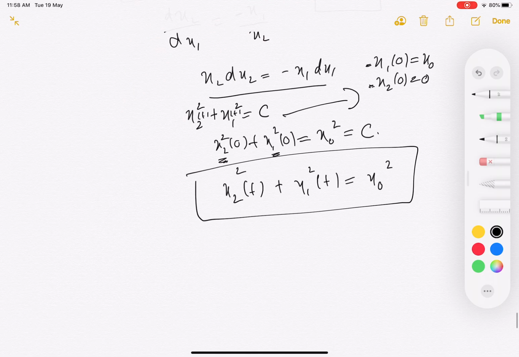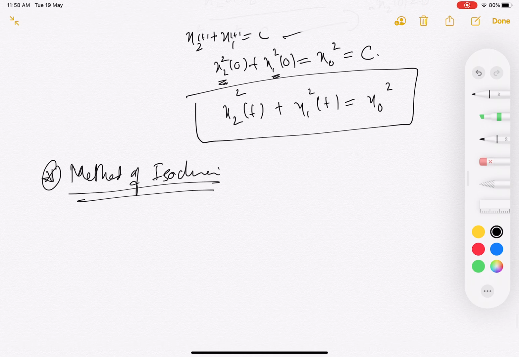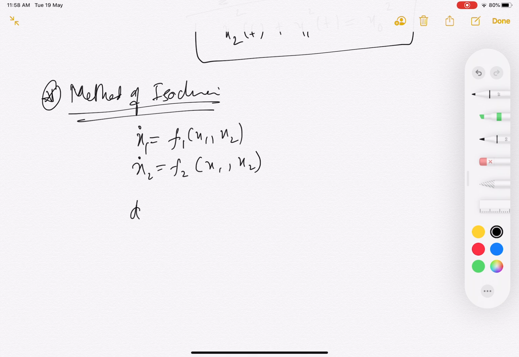Now the third method is called the method of isoclines, right? The method of isoclines. The second method, in fact, in which you're not basically solving it analytically. And how do we do this? Now again, we look at this second order system that we have. X1 dot is equal to f1 x1 comma x2, x2 dot is equal to f2 x1 comma x2, and we write this as dx2 by dx1 is going to be f2 by f1.